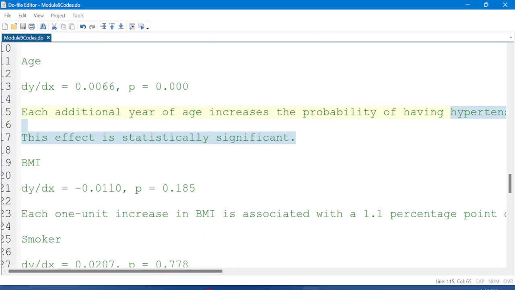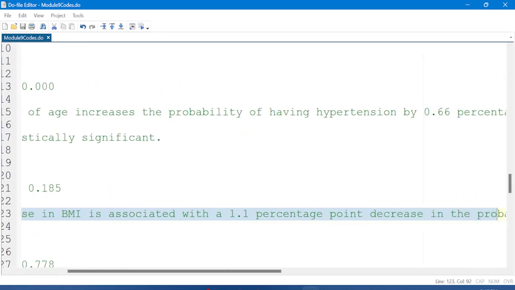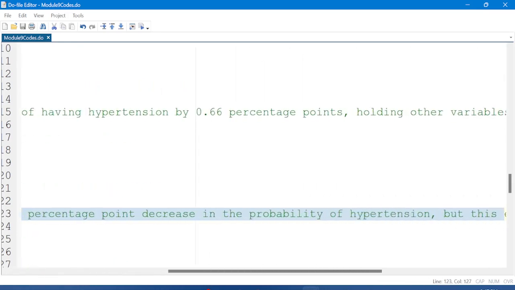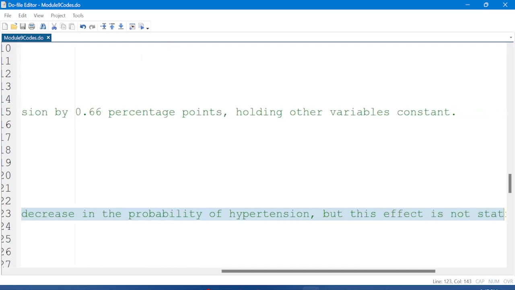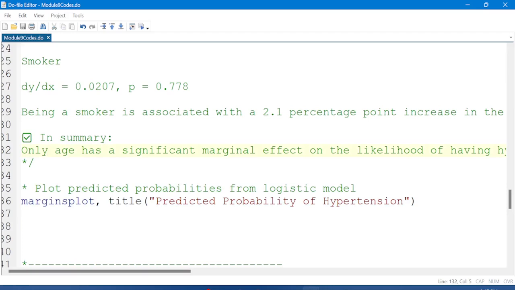And on the other hand, BMI with the dy dx of this and p-value of this, it means that each unit increase in BMI is associated with a 1.1 percentage point decrease in probability of getting hypertension. But this effect is not statistically significant, as we saw. Only age has a significant impact on the likelihood of having hypertension.